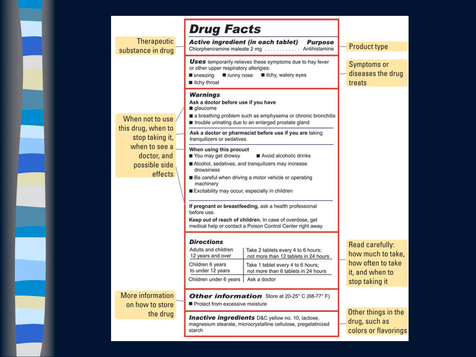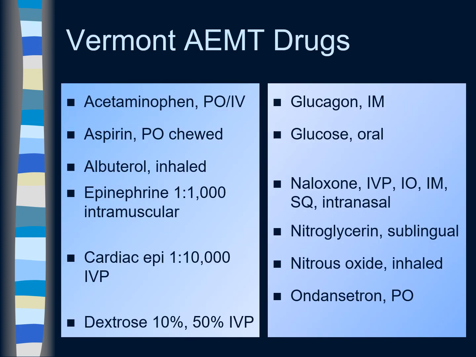So it's kind of interesting if you start reading the backs of drug containers to see what the drug profile is. As we progress through the course, we would like for you to be able to develop a drug profile for each of the drugs that's within your scope of practice as a Vermont Advanced EMT.